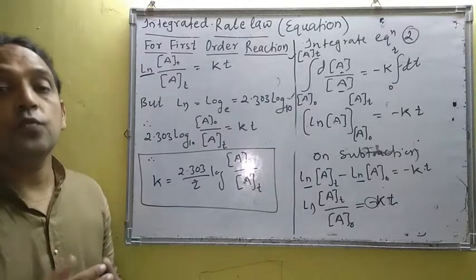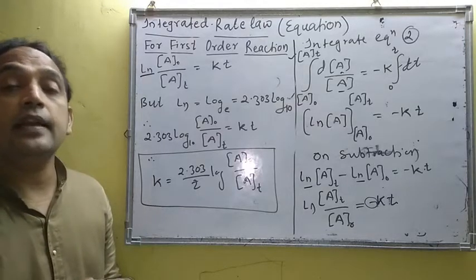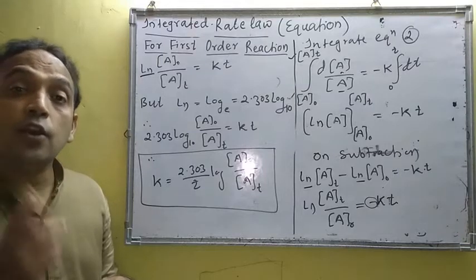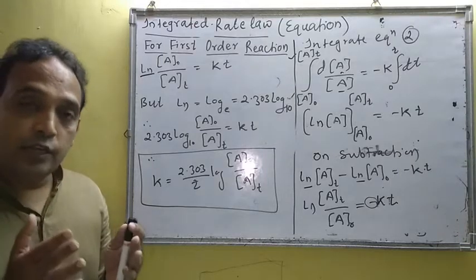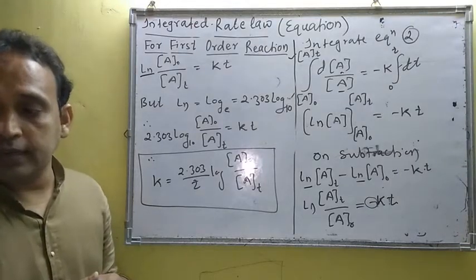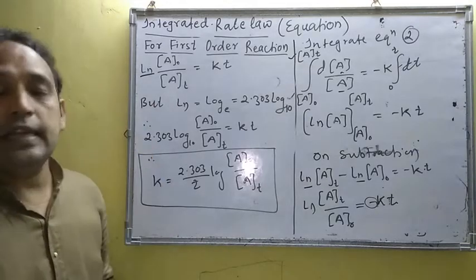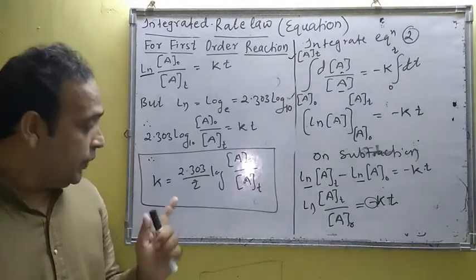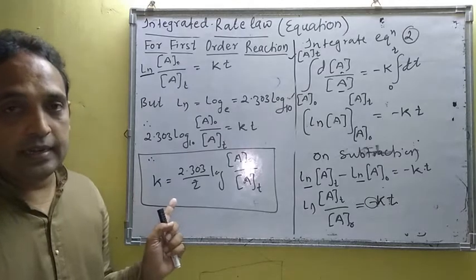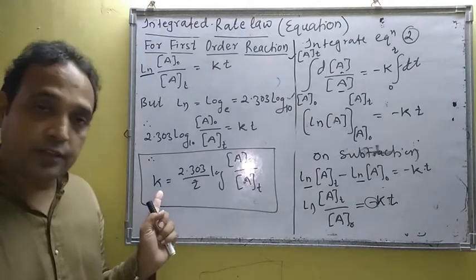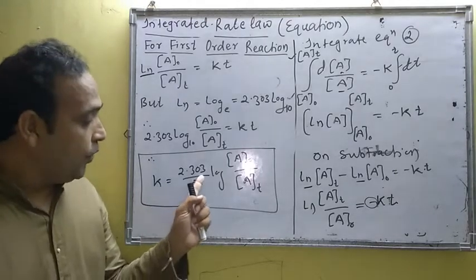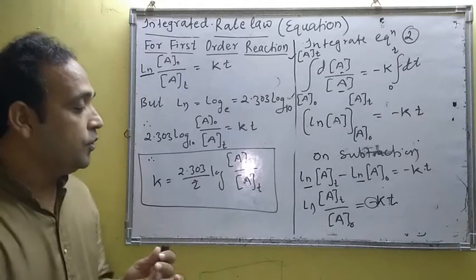The expression obtained by integrating the differential rate law, which gives the relation between concentration of reactant and time, is called the integrated rate law equation. And what is the integrated rate equation for first order reaction? k is equal to 2.303 upon t log to the base 10 of A0 by At.